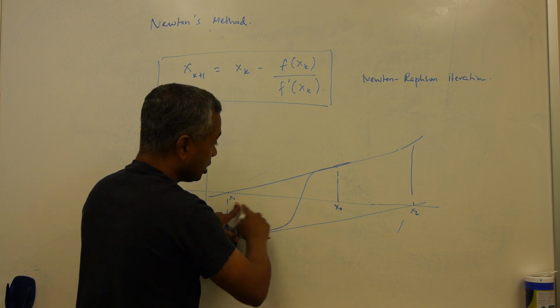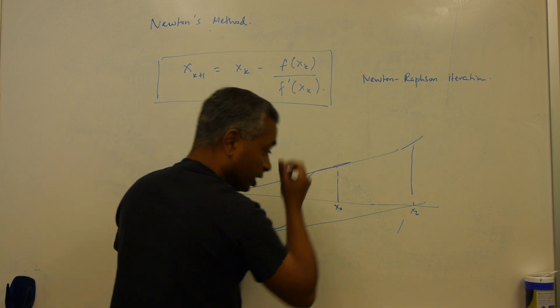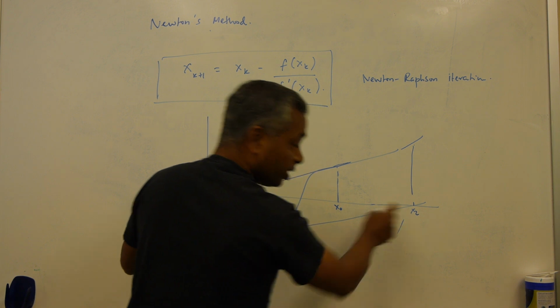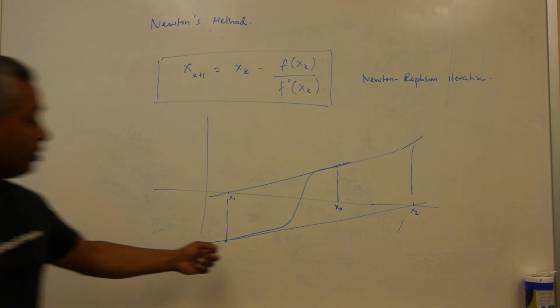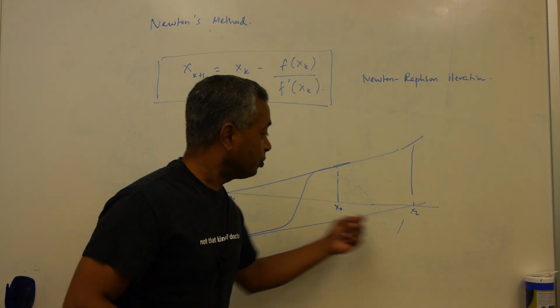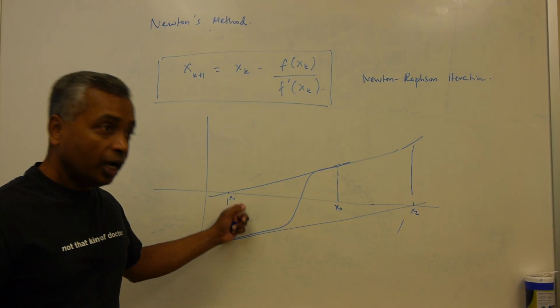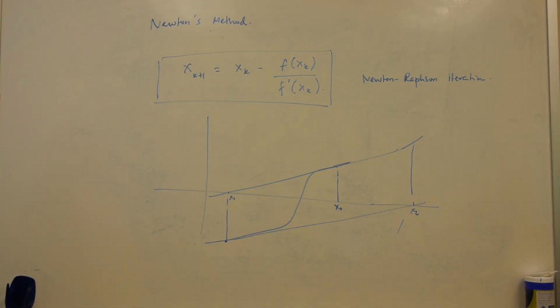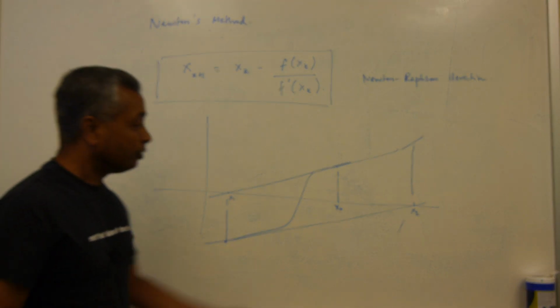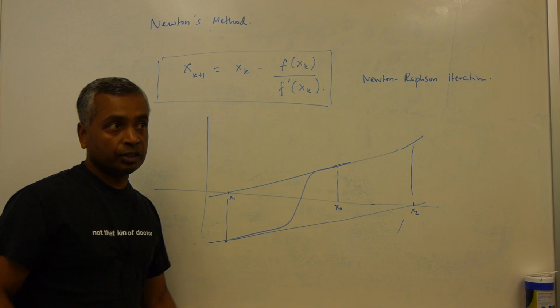So your next guess becomes x0 plus x1 divided by 2, as opposed to the Newton iterate, which gives you x2. So if the Newton iterate gets you outside of the interval, use a bisection iterate. Otherwise, use a Newton iterate. By doing this, you can actually guarantee convergence of the Newton bisection method.